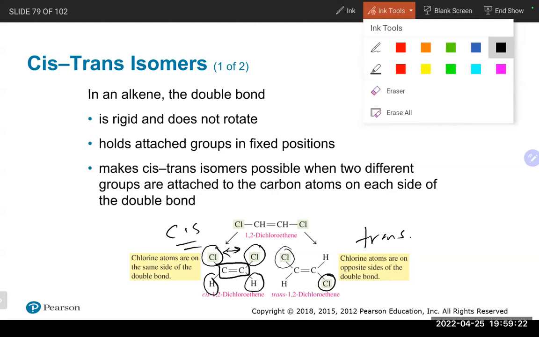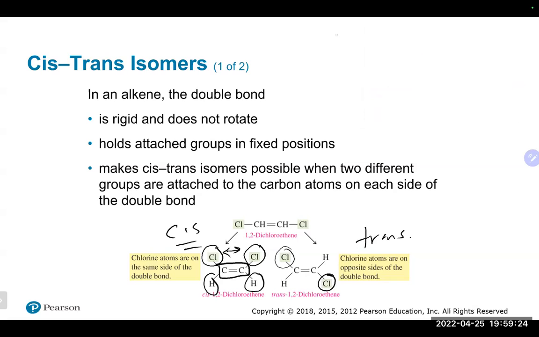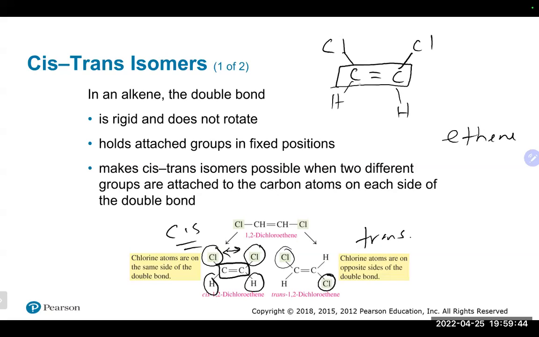So when we look at this guy here, if we were going to name this, it has two carbons, which is based off of ethane. So it is ethene. It has at carbon number 1 a chlorine, and carbon number 2 a chlorine.